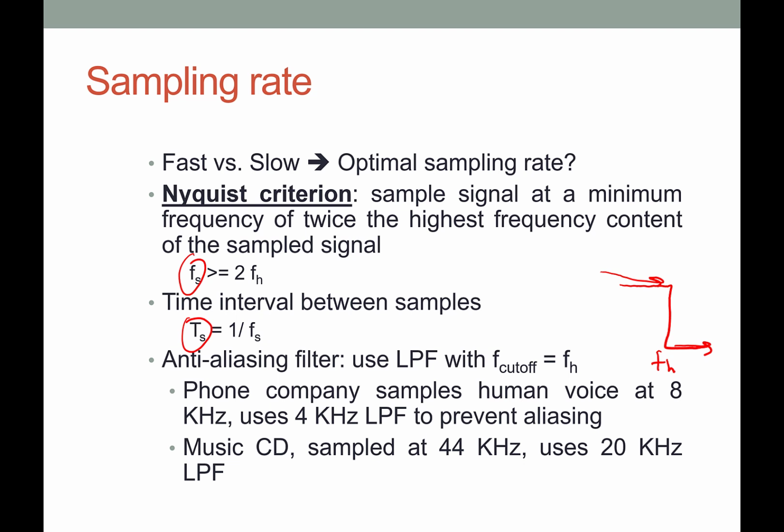Here's another example: the phone company samples human voice at 8 kilohertz and then uses a 4 kilohertz low-pass filter to prevent aliasing. Again, that's because while music typically requires a higher frequency range, for our standard voice you're going to be limited to about 4 kilohertz.